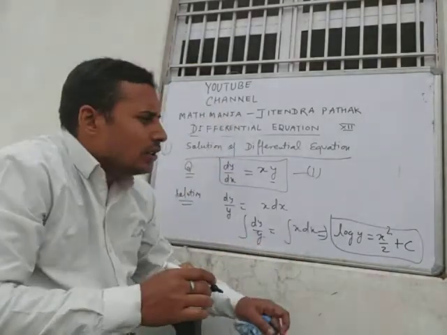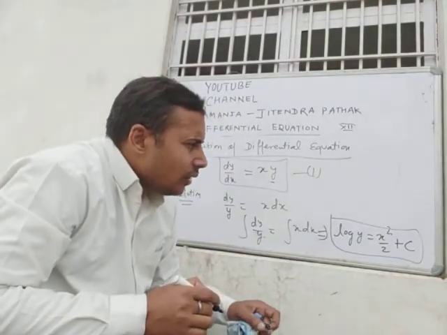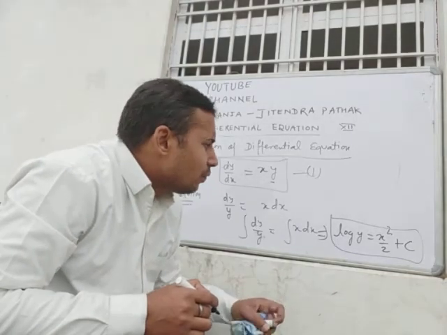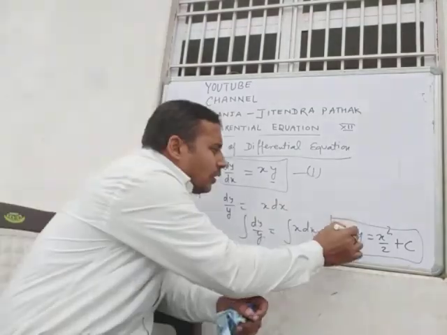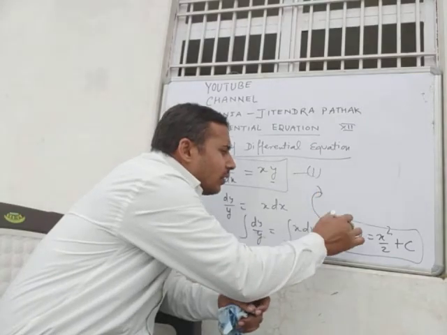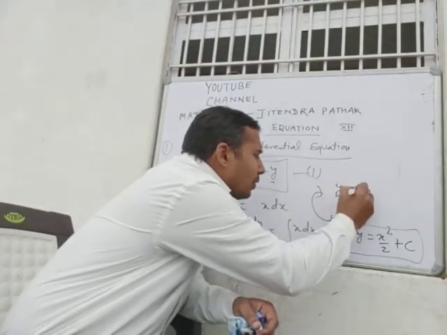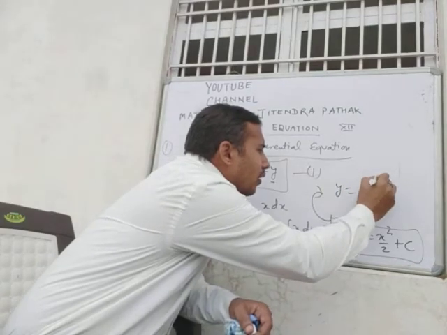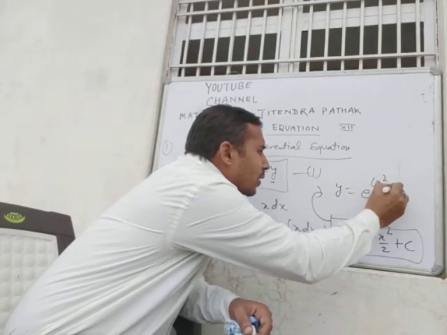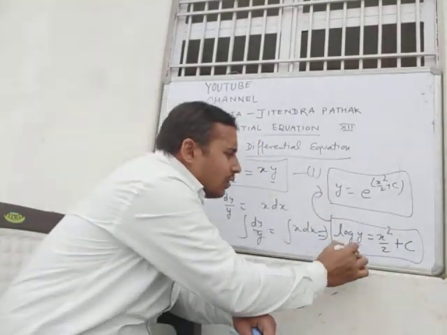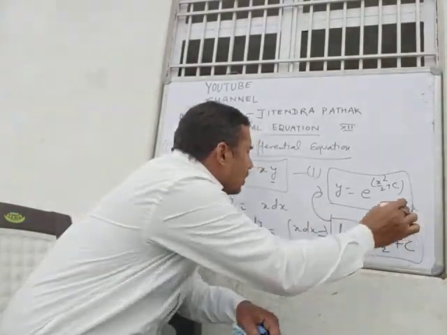This is the solution of the equation. It can be written also: log is transposed to the right side, so y equals e to the power x square upon 2 plus c. This is also the answer.